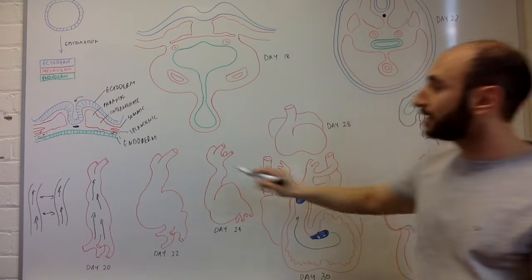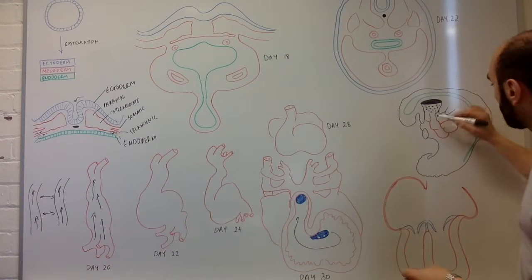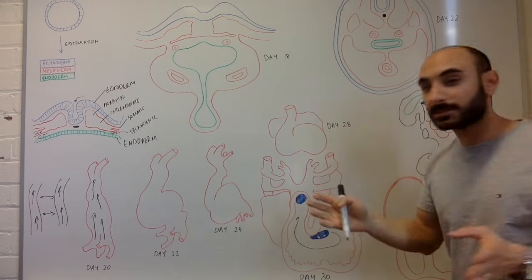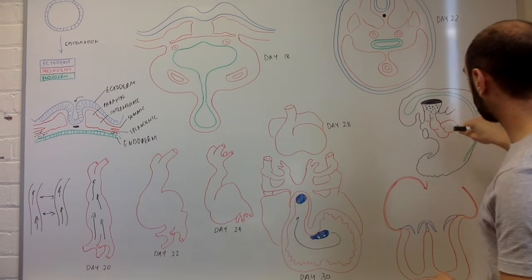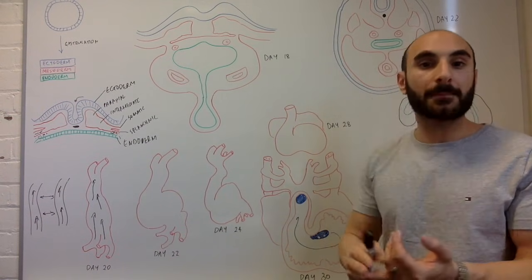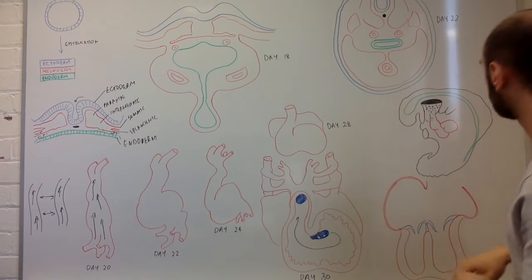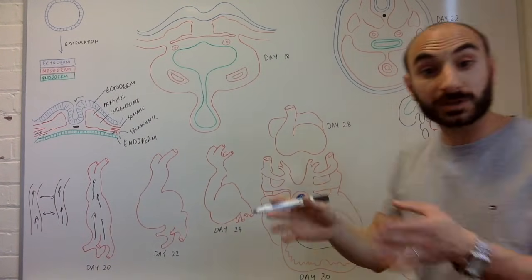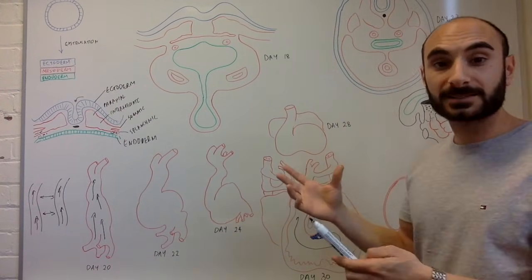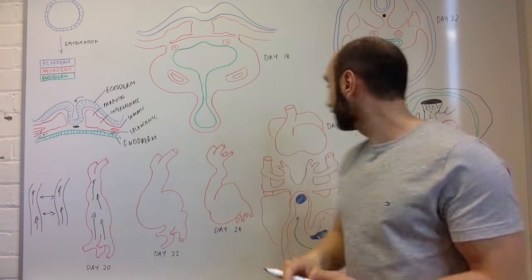So what happens is it sends cells down and it builds and elongates the heart, and it is responsible for building up the truncus arteriosus and the conus cordis. It's important to know this because any defects in the secondary heart field would lead to defects in childbirth.